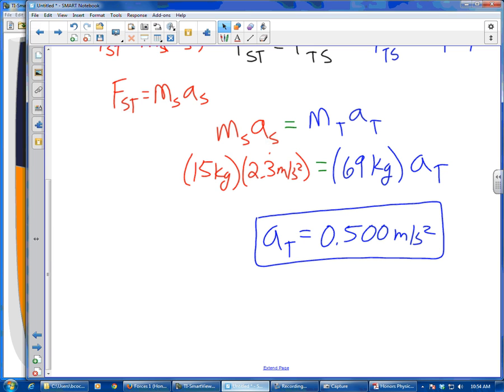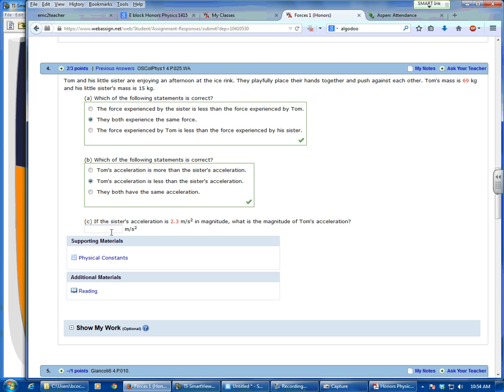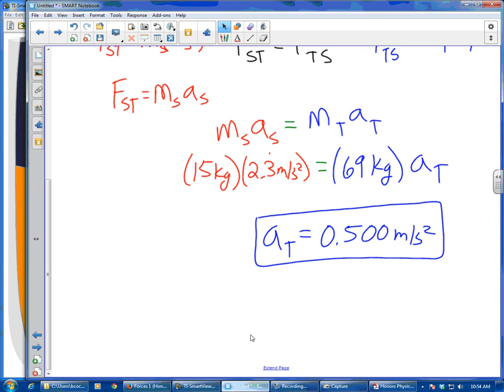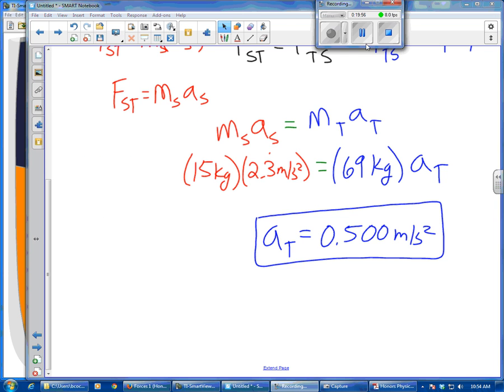Let's try putting it in. Yay! That is correct.